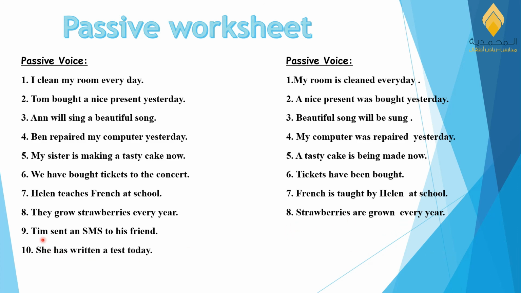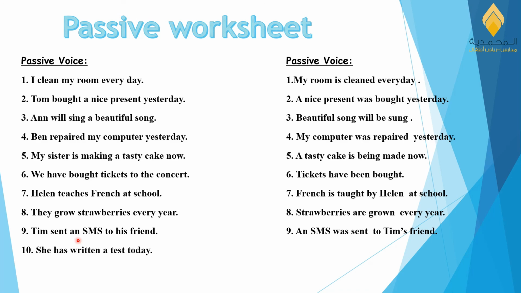9. Tim sent an SMS to his friend. Where is the subject? Where is the object? It's an SMS. It's a message. What's the tense of the sentence? Yes, past simple. How can we say it using passive? Yes, an SMS was sent to Tim's friend by Tim.